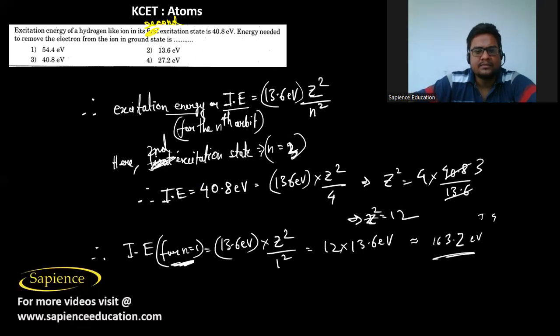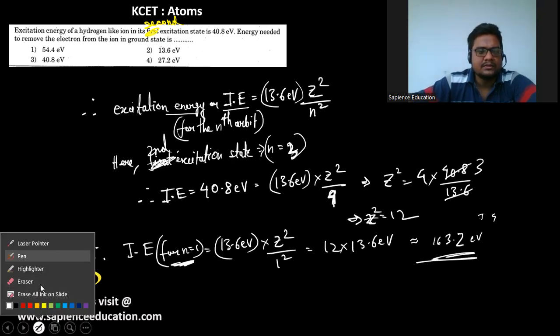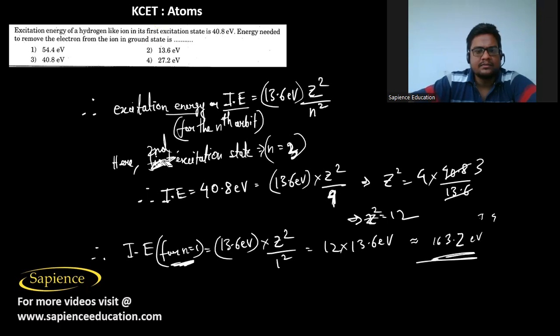Then this will be 3 3s are 9, so 27. Actually, this should be in the ground state. So it means that here none of the options are correct. Something is wrong here.